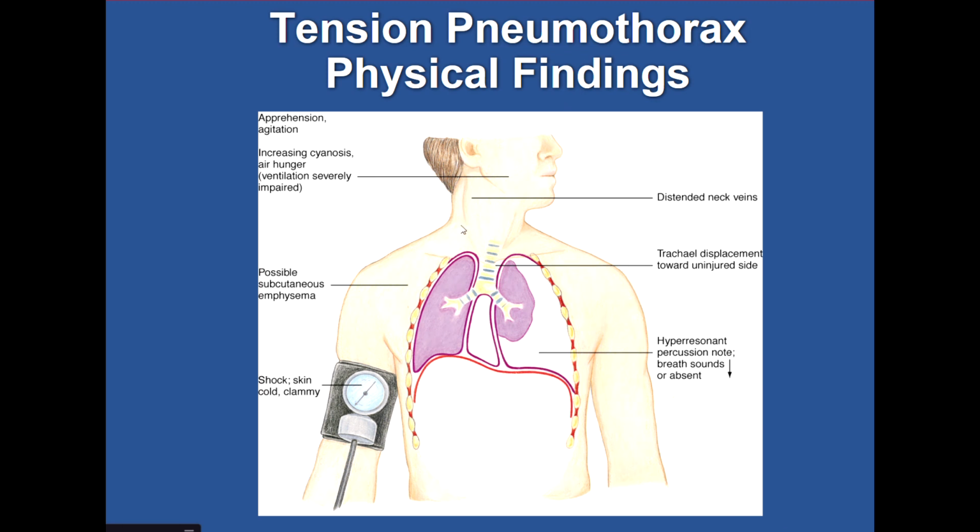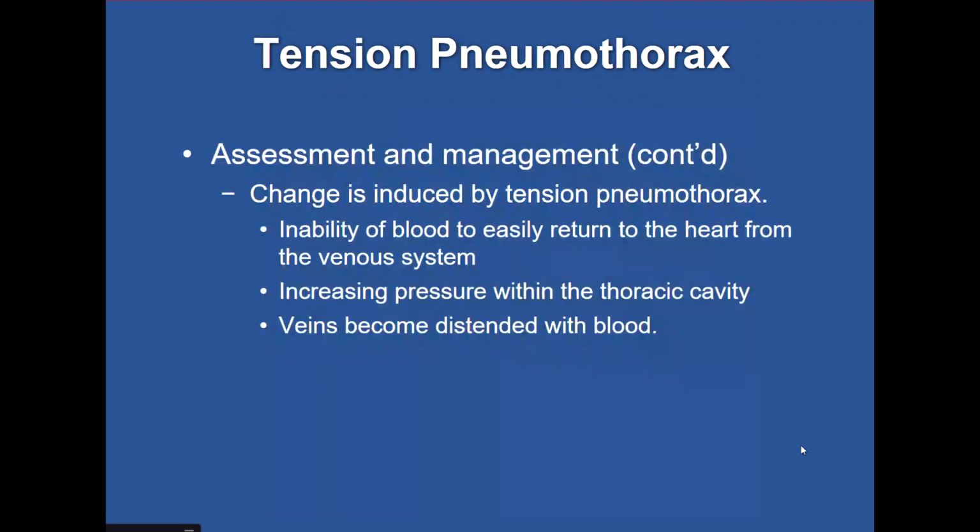But if they're laying down, you will see those jugular veins bulging from their neck more than in a typical person. Possibly some subcutaneous emphysema under the skin, and diminished or absent breath sounds in this area, right? And they're going to seem shocky, so they're going to seem cool, pale or cyanotic, and diaphoretic.